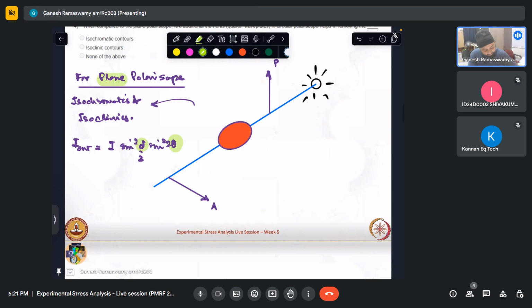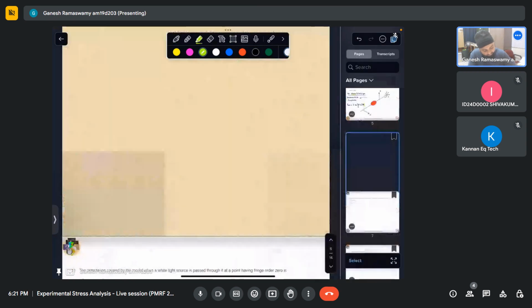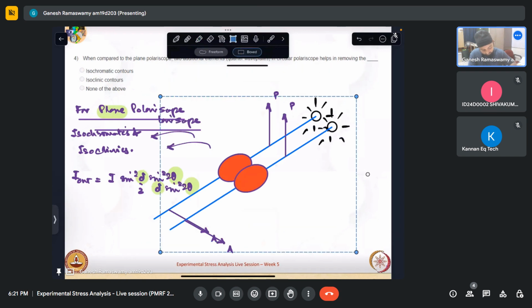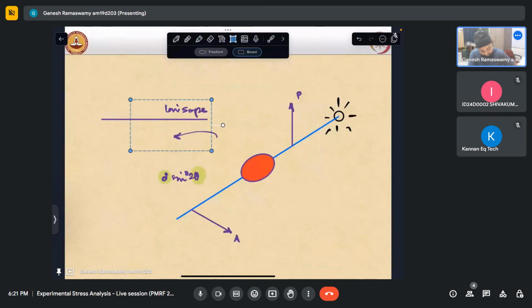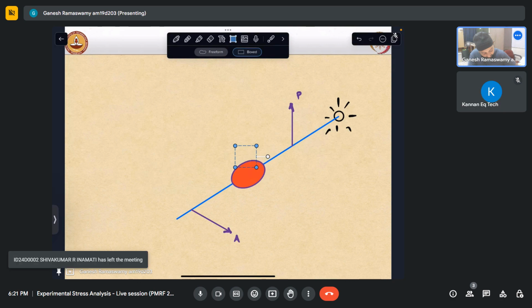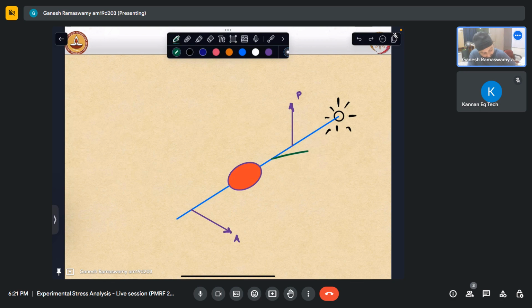Whereas if we were to take the same case, and we introduce a quarter wave plate in between, we put it here, and then we introduce a quarter wave plate here, like that.